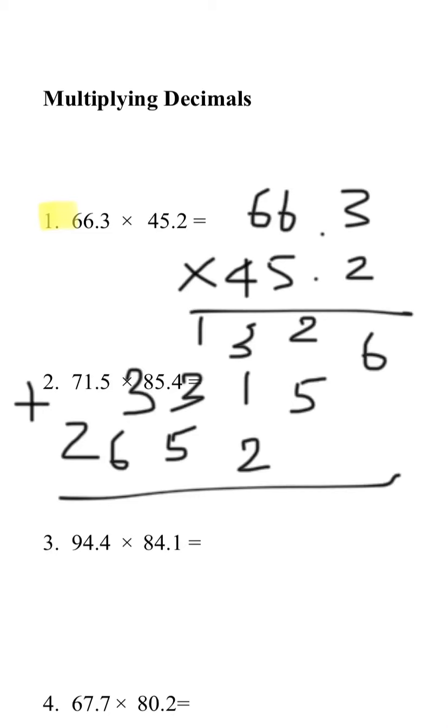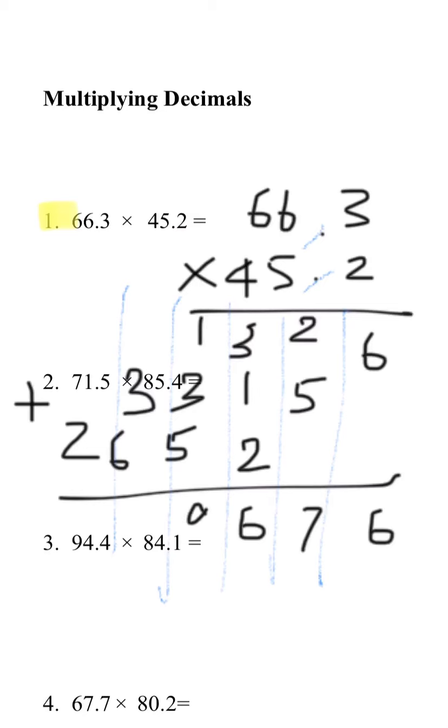Just disregard the decimal points for now, right? Just disregard, and then you just do regular multiplications, and then now you just add, right? And then here, what do we do now?